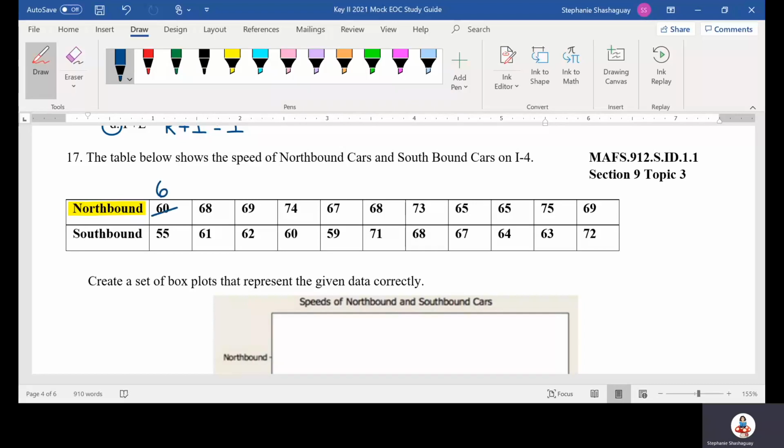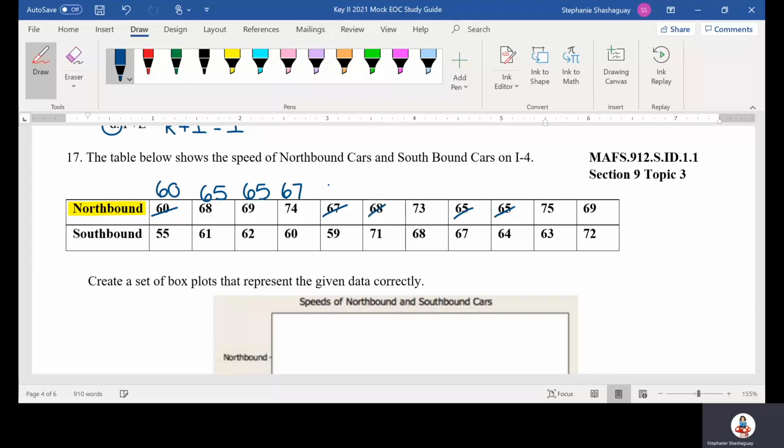Which here is 60. Then I'm going to look through my sets of data and look for my next speed. After 60, I have, that guy must have been going really slow, 65. And I have 65 again. Then I have 67.